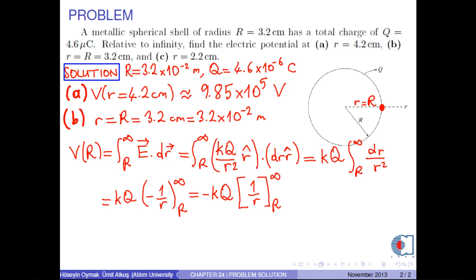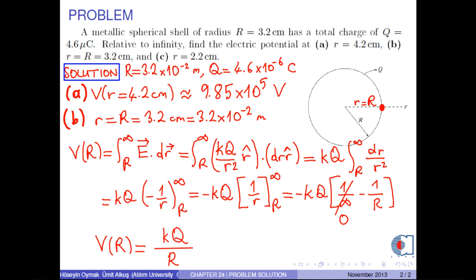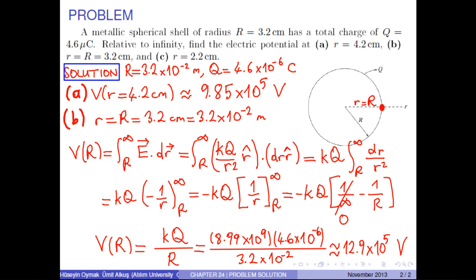This is equal to negative kq times 1 over infinity minus 1 over capital R. Because 1 over infinity is 0, relative to infinity, we have the electric potential at the surface as kq over capital R. Now we substitute the numerical figures into this formula. The result is approximately 12.9 times 10 to the 5 volts.